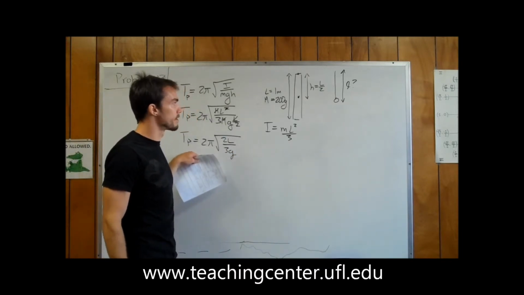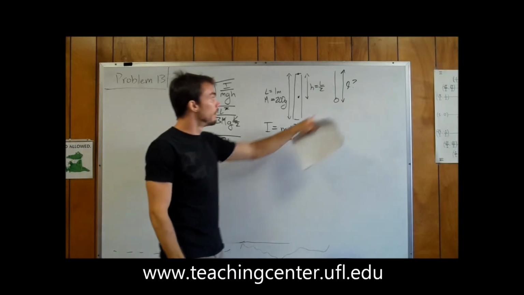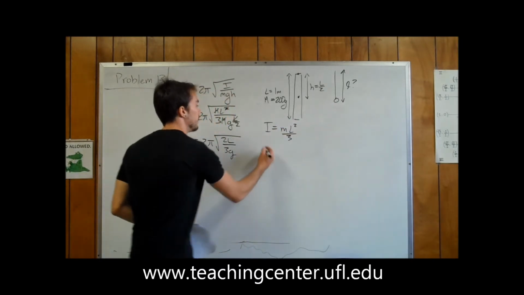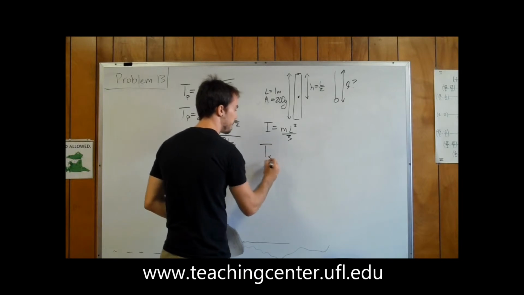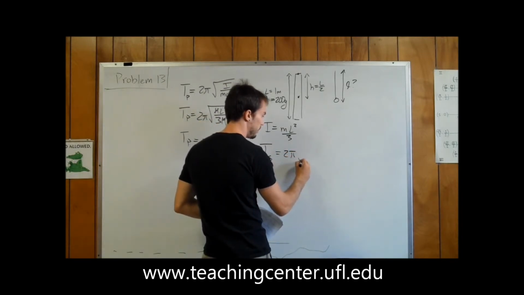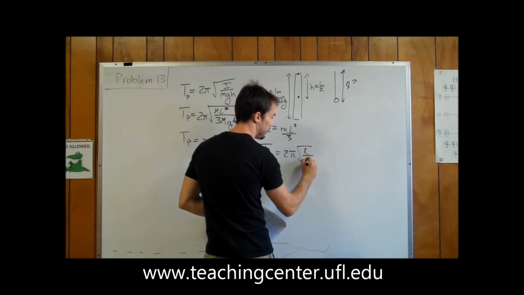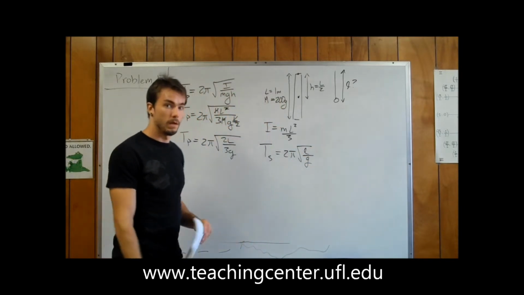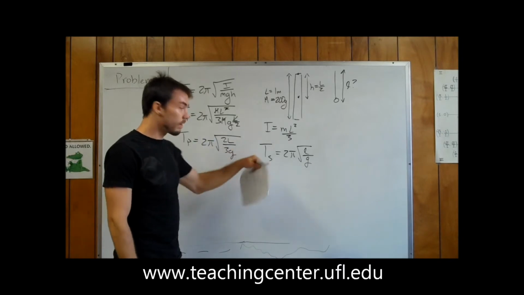Now this is for the physical pendulum. What we need to do is compare that to the simple pendulum. The period for our simple pendulum is just going to be 2 pi square root of l over g, which isn't too far off from that.